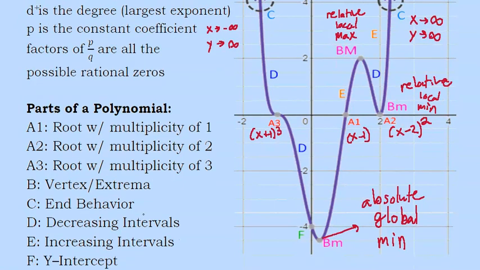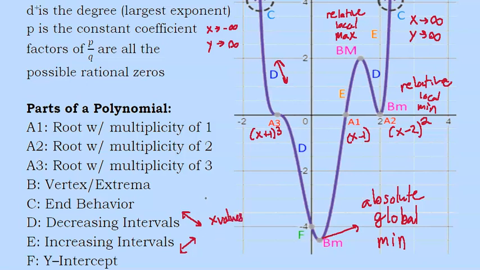And then we have D for decreasing intervals. This is a decreasing interval. It has a negative slope. So anywhere that has a negative slope, that is a decreasing part of the interval. Increasing would be when it has a positive slope. We are talking about intervals. We're talking about the x values.